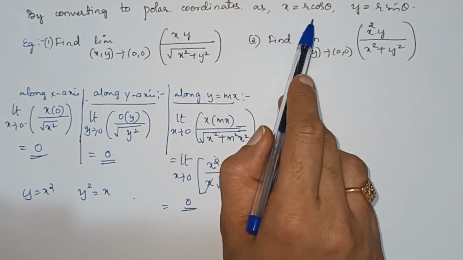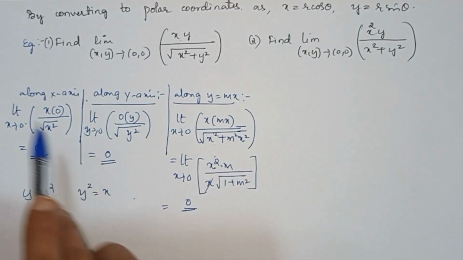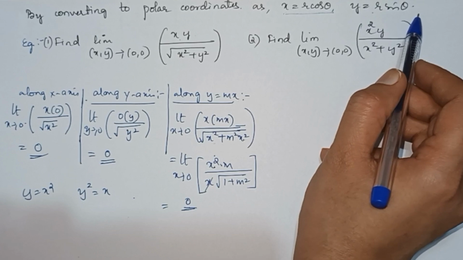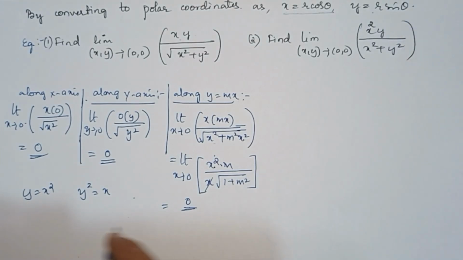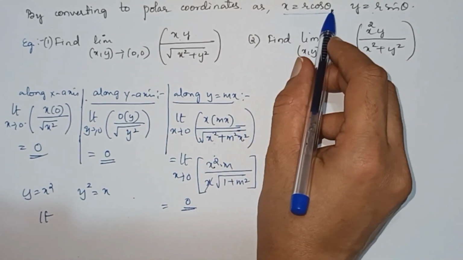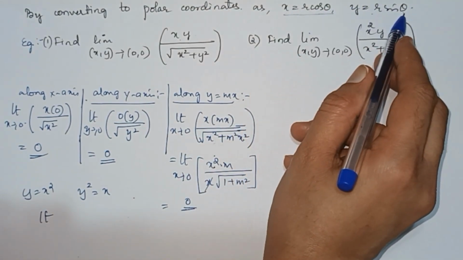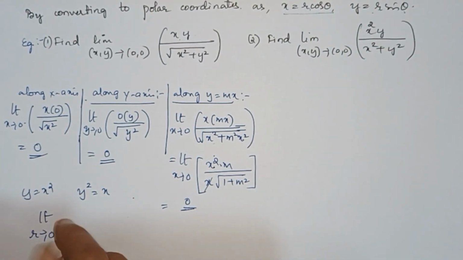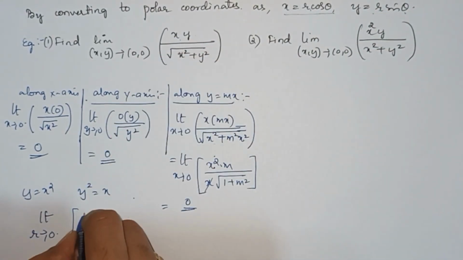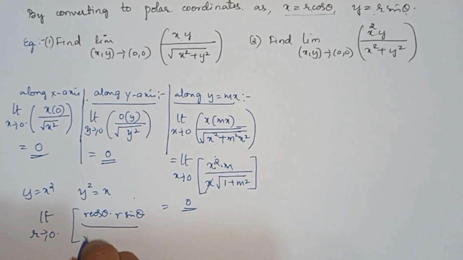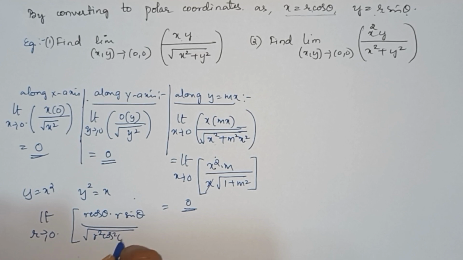So instead of checking with each and every path, I will take the help of polar coordinates, x equal to r cos theta and y equal to r sin theta. So we will have, as x tends to 0, y tends to 0, here r also tends to 0. So as r tends to 0, I will have x is r cos theta, y is r sin theta divided by square root of r square cos square theta plus r square sin square theta.